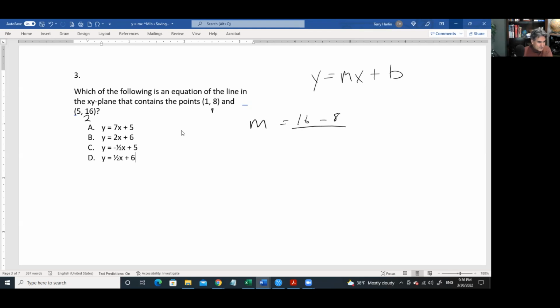Coordinate 2 again, corresponding coordinate 5, minus coordinate 1, which is 1. So 8 over 4 gives me a slope of 2. So my answer choice then is B, the only possibility. And that's it. That one, pretty straightforward. Find the slope and you have found your answer.